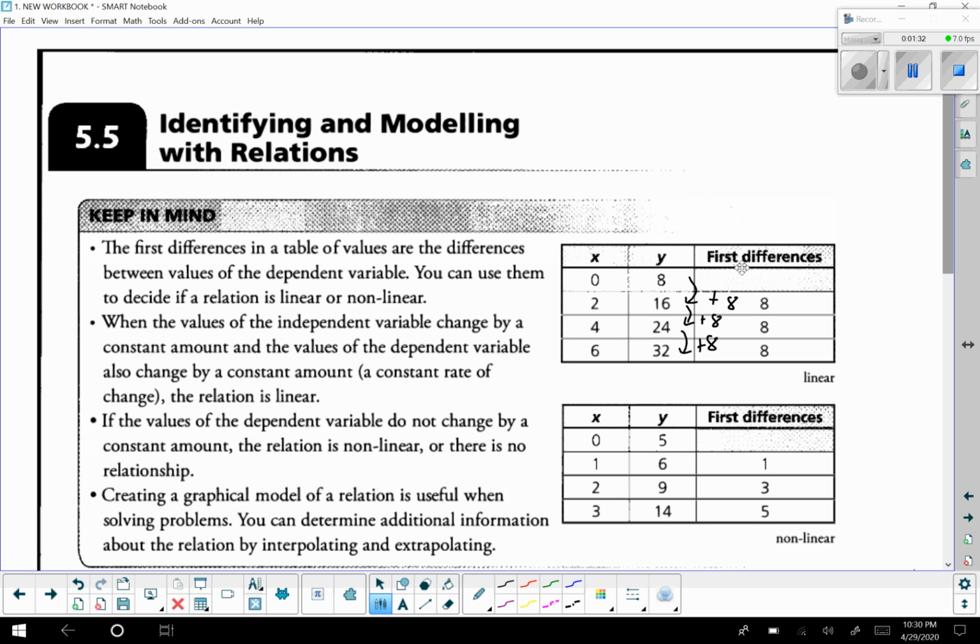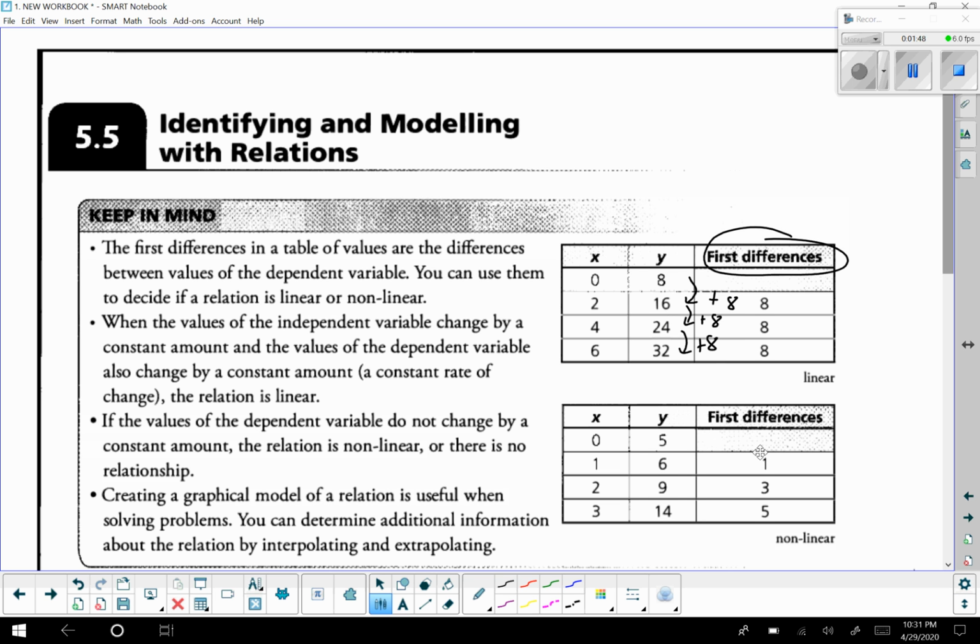So the amount that it's increasing is called the first difference. And that's what this tool is called, finite differences, but really we're focusing just on first differences. It's just describing the differences between the y values.